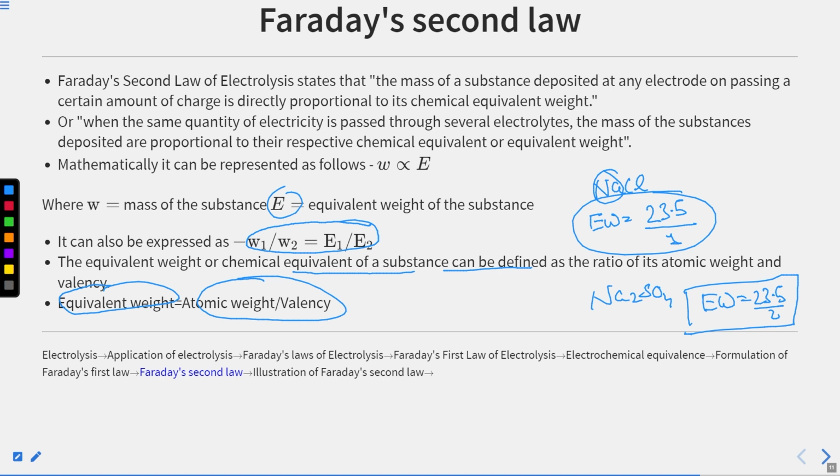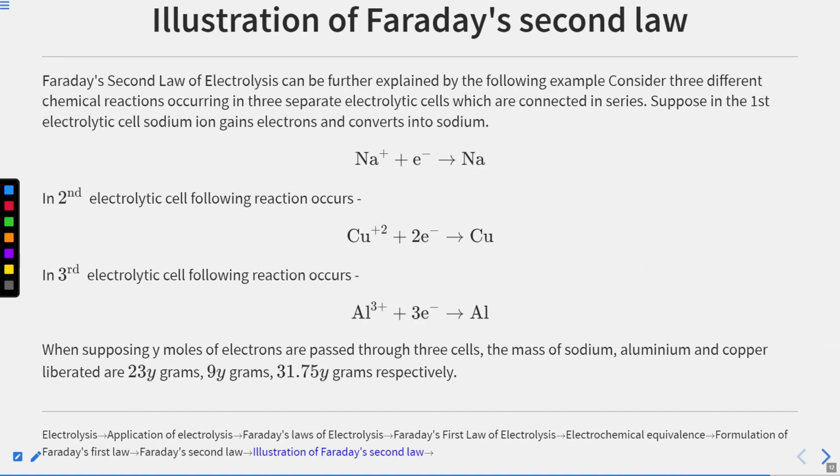Now, let us see an illustration of how we can imagine Faraday's second law. For this, we have taken three cases. The first case says that we have sodium plus, which is going to sodium by taking one electron. Second, we have taken the copper 2 plus ion, and it is taking 2 electrons and moving to copper.